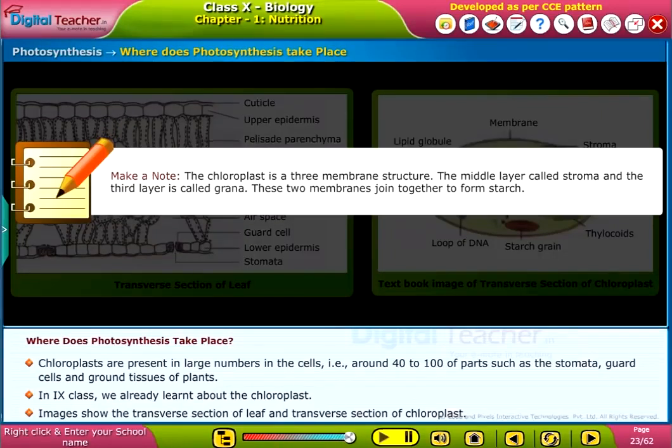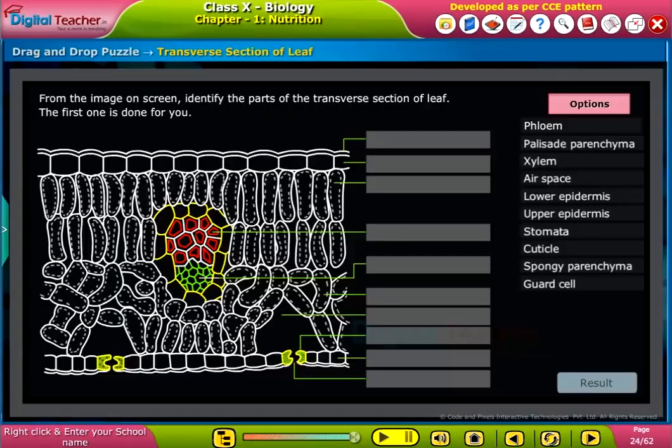Now, let us learn how photosynthesis takes place in the chloroplast. Drag and drop puzzle. From the image on screen, identify the parts of the transverse section of leaf. The first one is done for you.